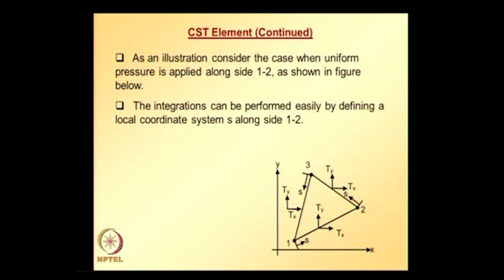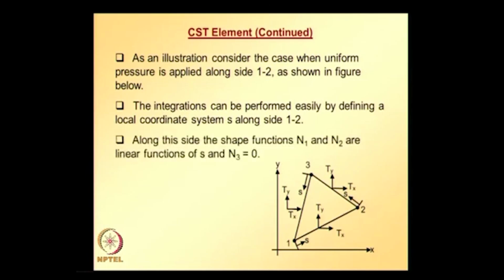So, we need to know the shape functions along side 1 2. Please note that along side 1 2, the shape function of node 3 is going to be 0 because node 3 is not part of side 1 2.